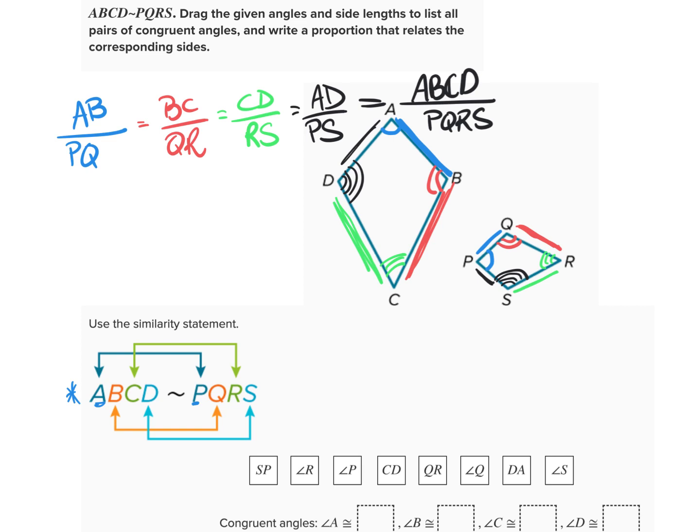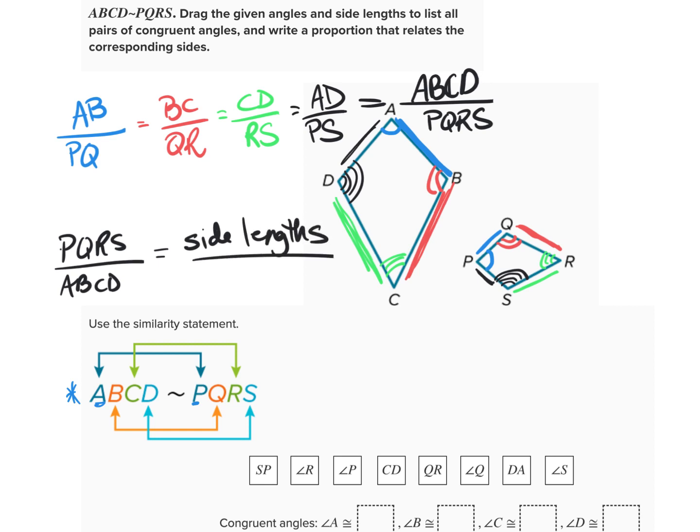Now, I could have set it up where I put all the sides from PQRS on top and then ABCD on the bottom. That's fine, but you have to be consistent, okay? Your side lengths must match horizontally. So all the side lengths from PQRS have to be either on top or bottom, and the same goes for ABCD, okay?